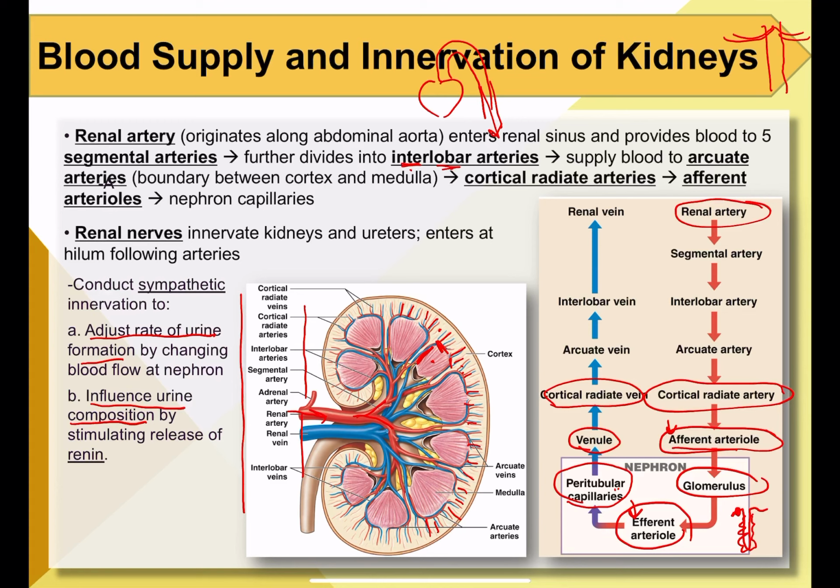Is there more water content in your urine, or are we in water conservation mode and hence we're not releasing as much water into your urine? We'll talk about the details of these two processes later in the lecture, okay?